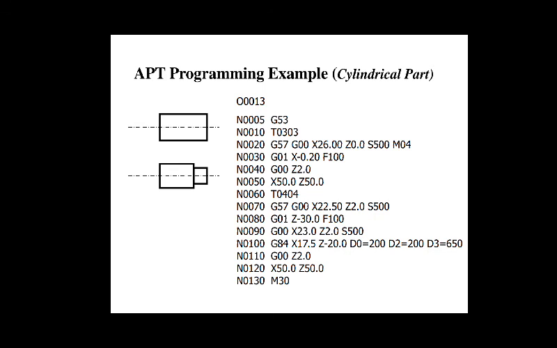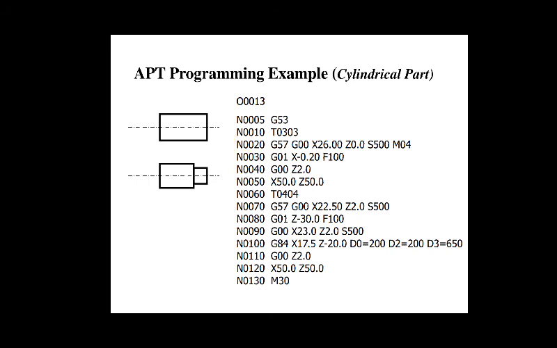So don't go directly for N0001, N0002, N0003, N0004, N0005. Make a practice of keeping an increment of 5, or a gap of 5. That means 5, 10, 20, 30, 40, 50, 60, 70. So if we want to change something, or if any changes occur in the design or finish of the product, you can insert that block in between these.